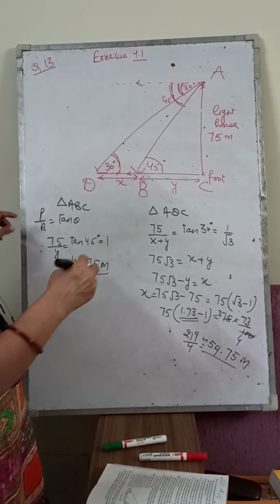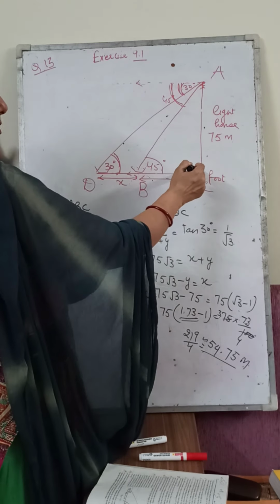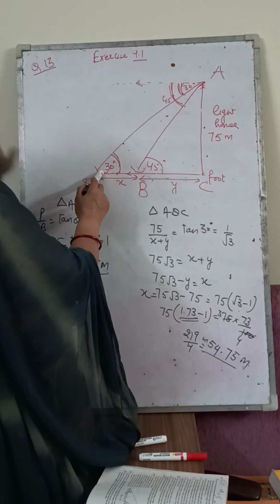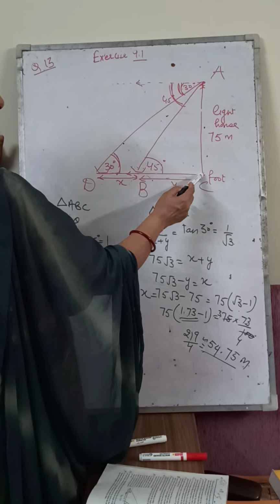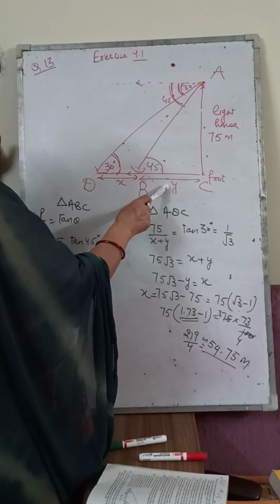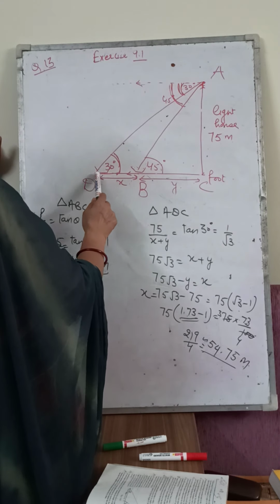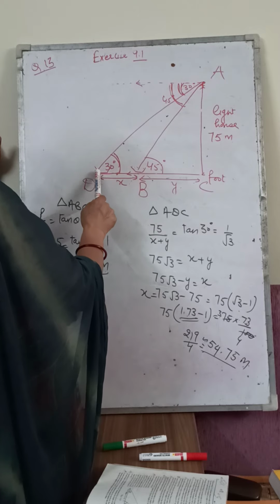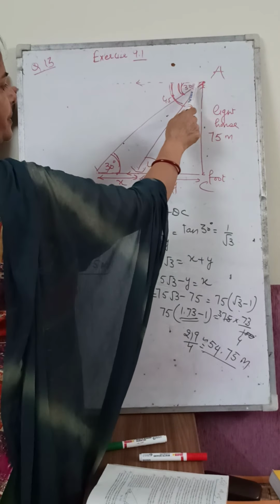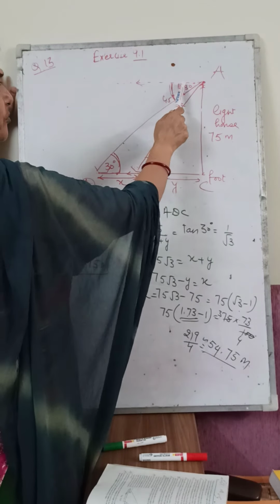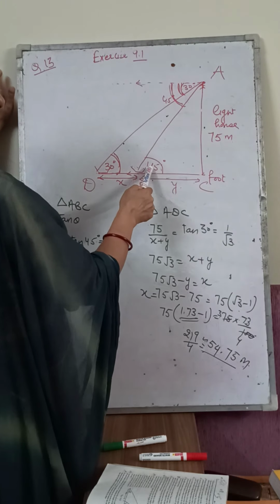Look at once again. This is lighthouse. This is one ship, another ship. First ship is at a distance of y, and second ship is here at this point. Now angle of depression of both the ships are 30 degree and 45 degree.